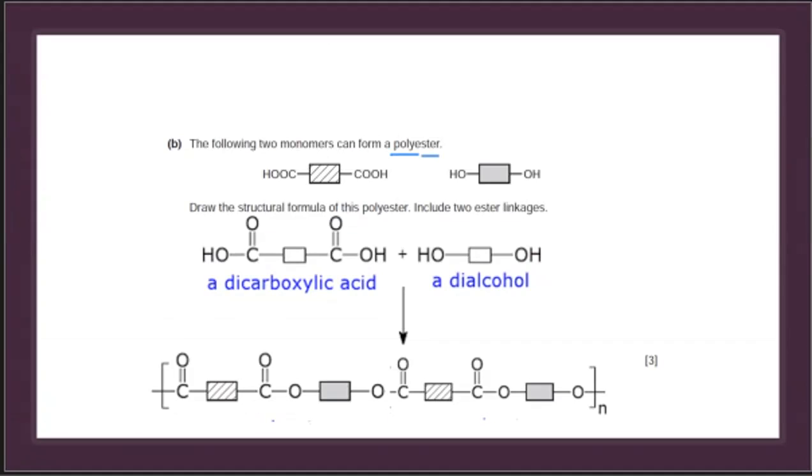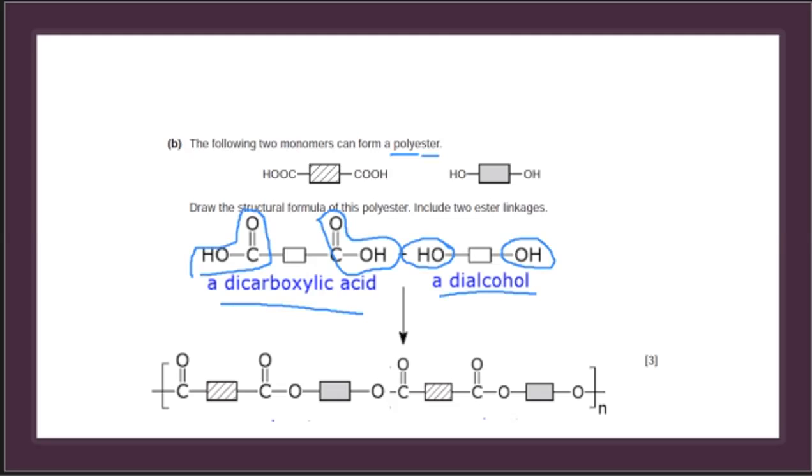In order for a polyester to be formed, we need a dicarboxylic acid and a dialcohol, or a diol. A diacid and a diol. Why is it a diacid? Because we have two acid groups, one on that side and one on this side. And why is it a diol? Because we have two OH groups, one on this side and one on that side. Now, what's going to happen?